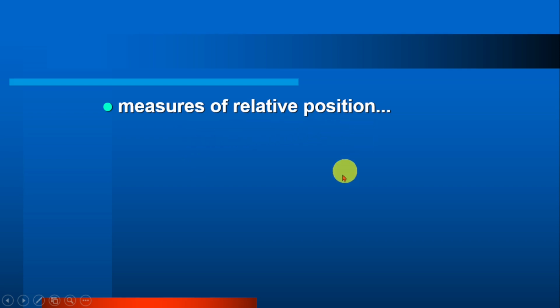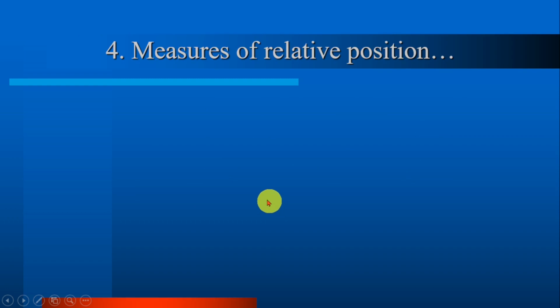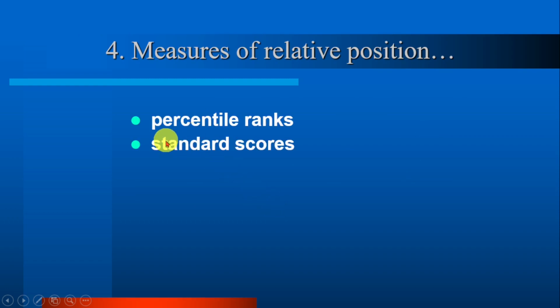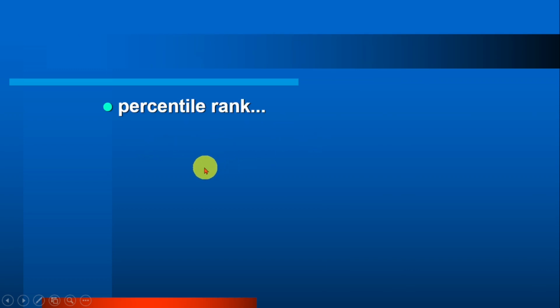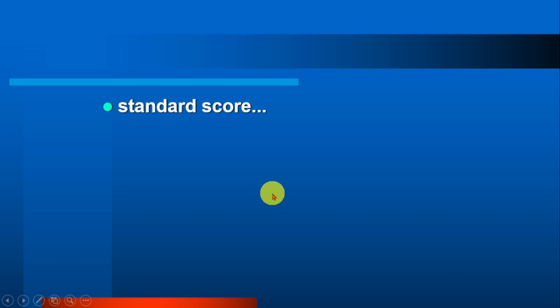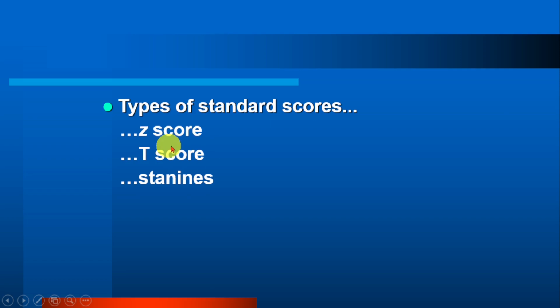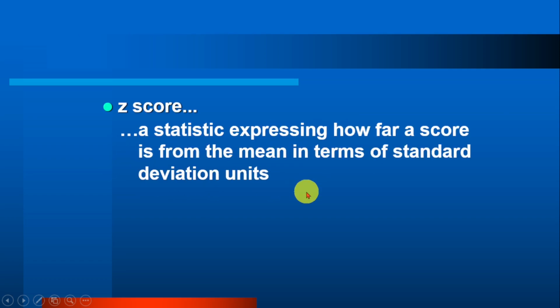Measures of relative position. The index enables the researcher to compare a participant's performance with the performance of all other participants. Measures of relative position include percentile rank and standard score. Percentile rank indicates the percentage of scores that fall at or below a given score. Standard scores are a measure of relative position, and the types of standard score are Z score, T score, and C score.